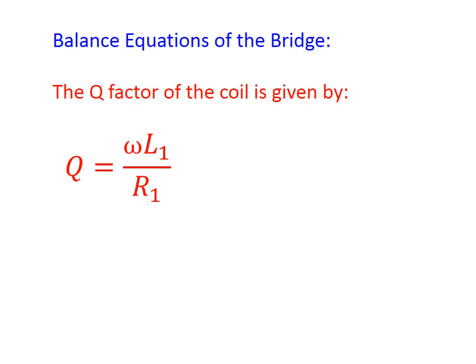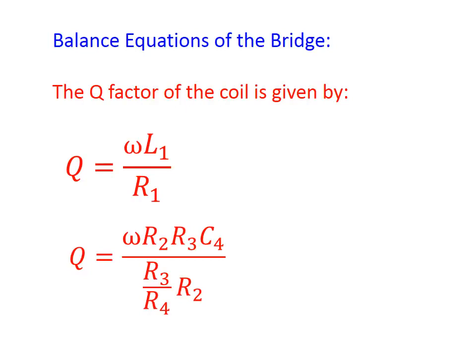Now we will try to obtain an expression for the Q factor of the coil. The Q factor of a coil is given by Q equal to omega L1 upon R1 for the given frequency omega. Let us substitute the values of L1 and R1 in the form of expressions we have already obtained.